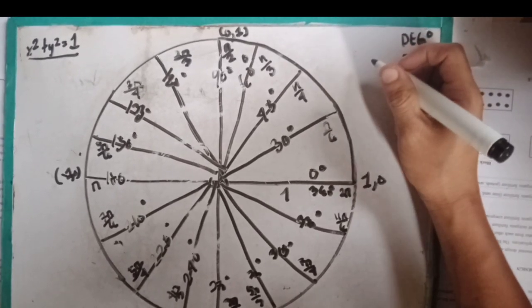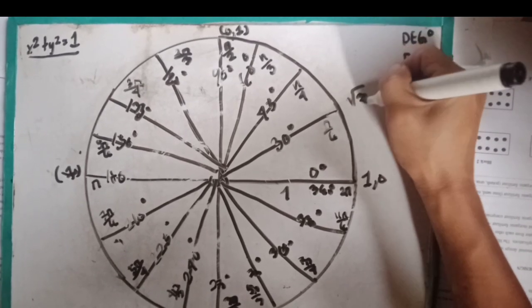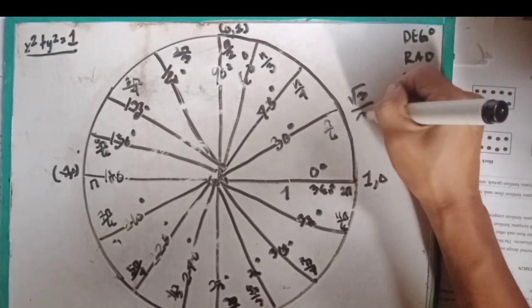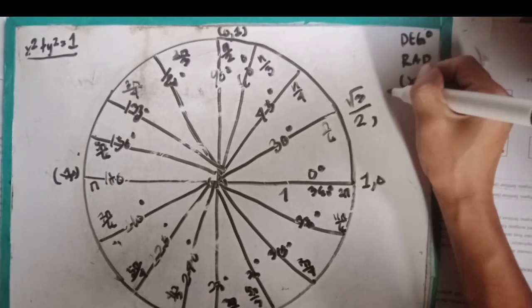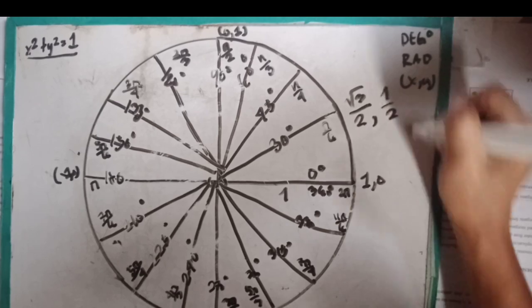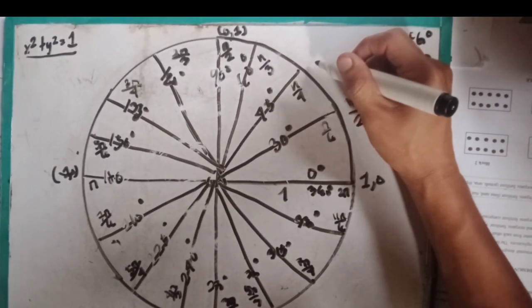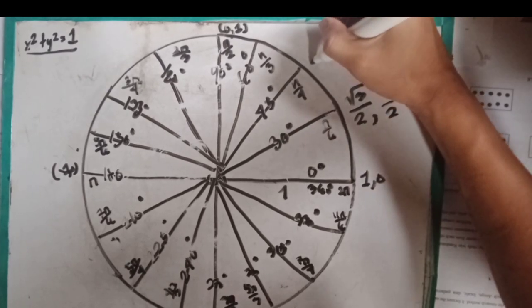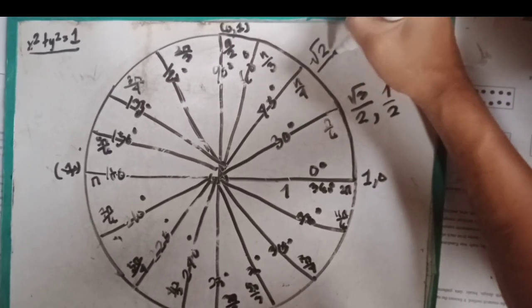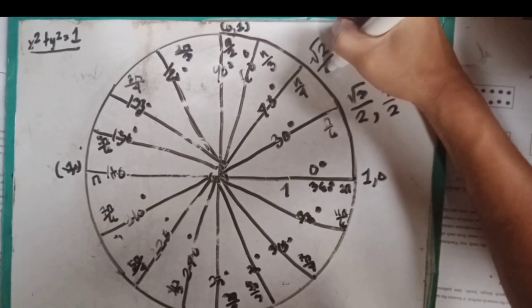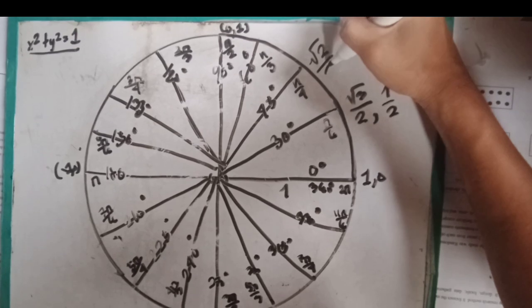No. It is square root of 3. It is square root of 3 over 2. And the value of y coordinate is 1/2. Then right here, the value of x is equal to square root of 2 over 2.